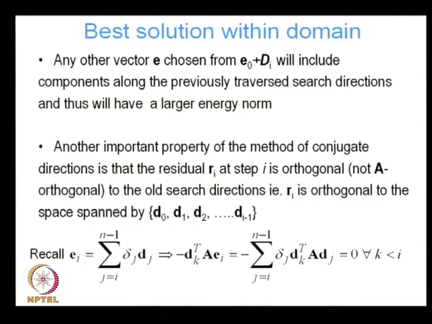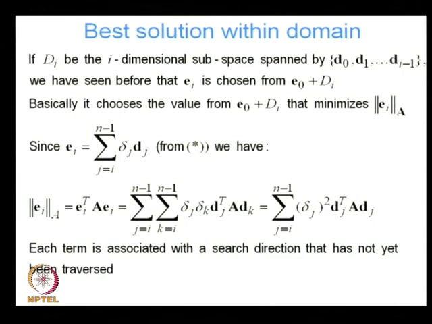But my e_i, which also belongs to that exact same subspace, has no components along the subspace D_i. So, that means that e_i is the minimum, because it does not have any components along the d's. Any other vector from that subspace is going to have components along those directions.